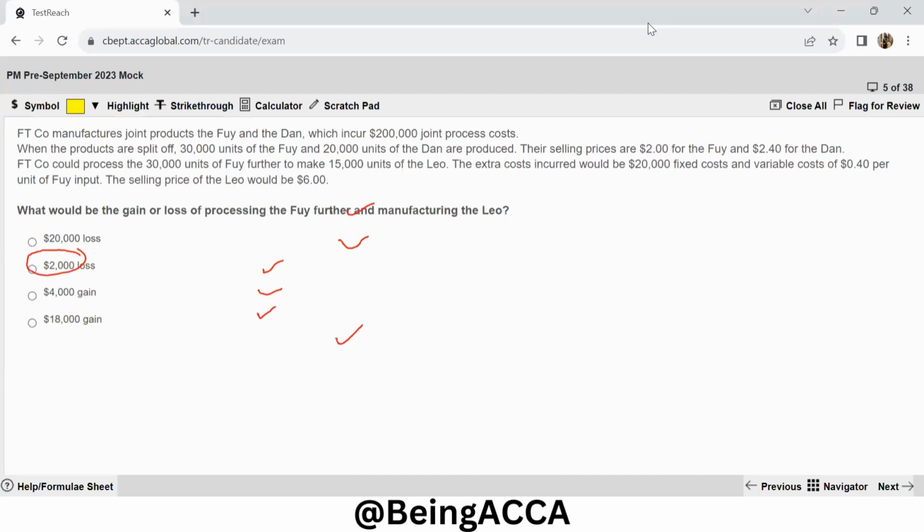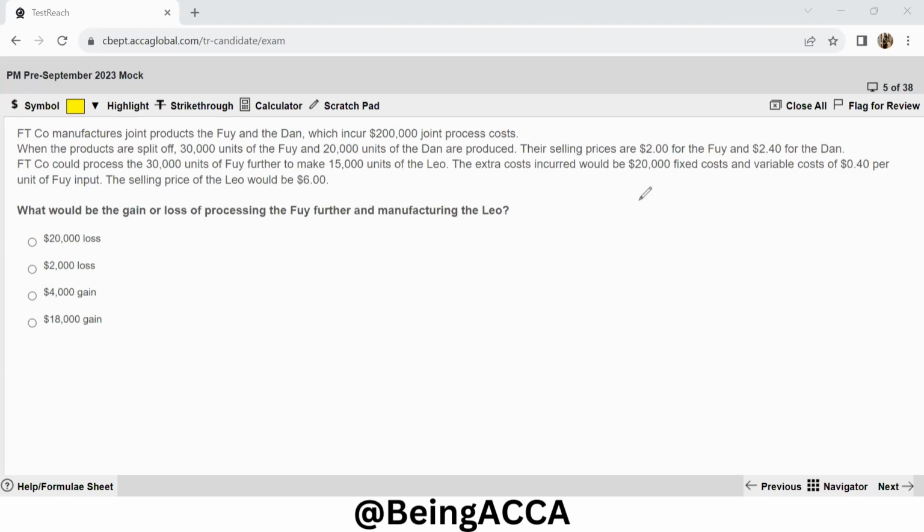Okay. So we have FT company manufactures joint products, the FUY and the DAN, which incur 200,000 joint process costs. When the products are split off, 30,000 units of the FI and 20,000 units of the DAN are produced. Their selling prices are $2 for the FI and $2.4 for the DAN.